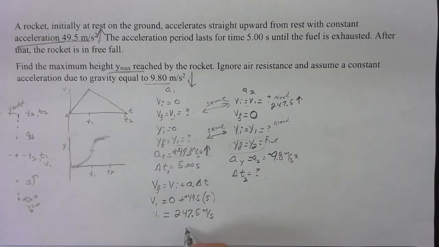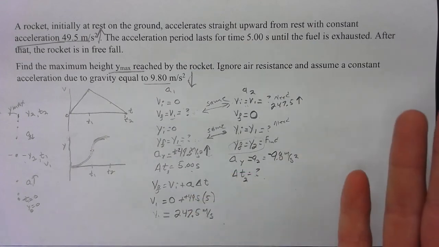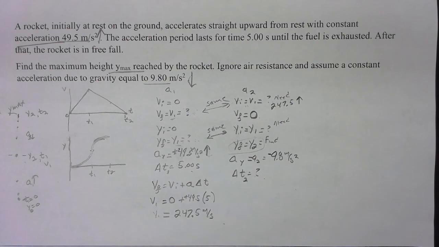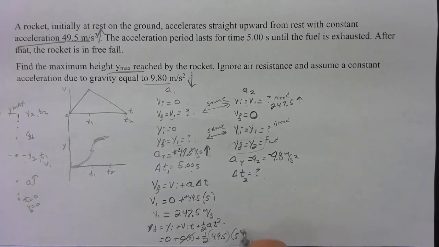Now that I have that velocity, I've got all kinds of equations to use for position, but I'm going to use this one: y final is y initial plus velocity initial times time plus 1/2 of the acceleration times the time interval squared. So that's 0 plus 0 times 5, that cancels out, plus 1/2 of 49.5 times 5 squared.